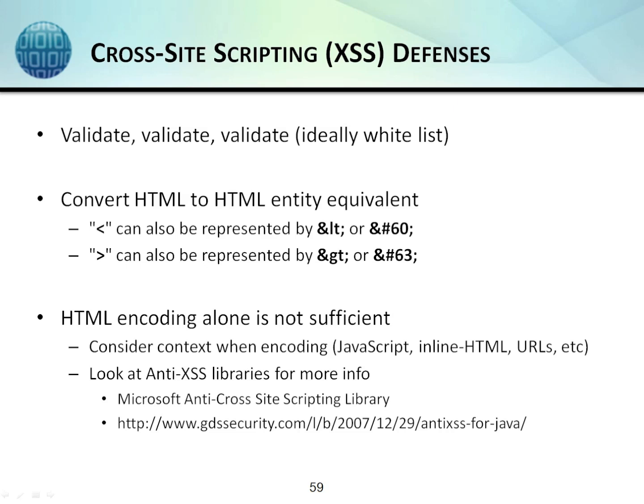But if it's being outputted into another part of the response, maybe a JavaScript block like we saw earlier, you're going to want to do alternate encoding. If you check out this link here, it's from our blog. We talk a lot about performing encoding for the proper context. And then, in addition to encoding, also doing some level of server-side input validation.